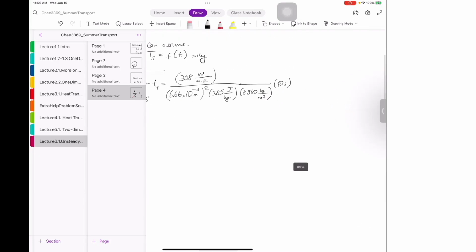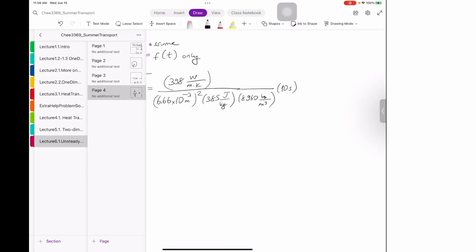So let's do this calculation. 398 times 10 times... something around 26.